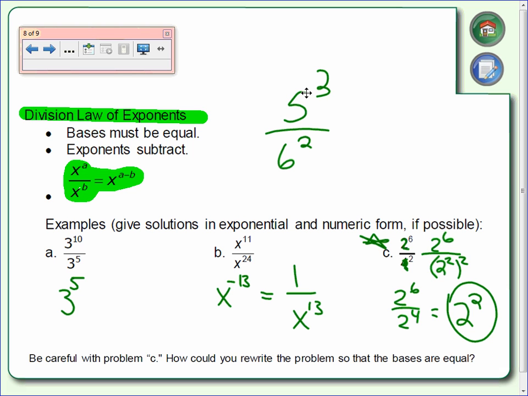The question was, why didn't I change this 2 on the top to a 4? We could have, and guess what? We would have ended up with the same thing I have over here, 2 squared. We still end up with the same answer.